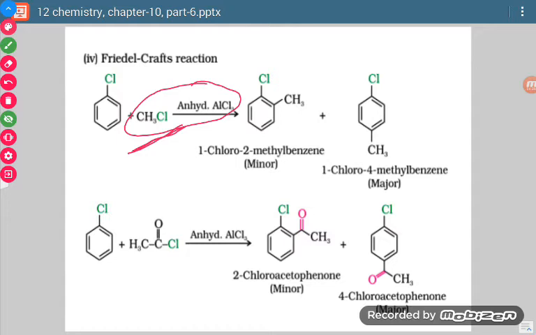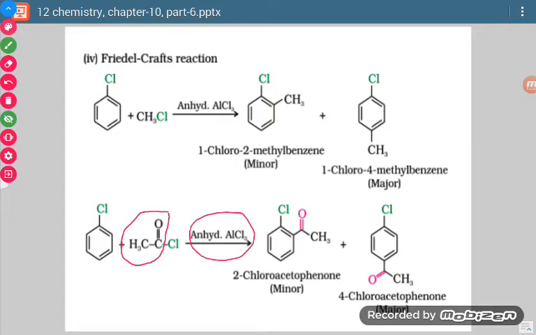Similarly, if we have to add an acyl group, it will be termed Friedel-Crafts acylation. The acyl group in general is RCO. Here, if we want to add the RCO group, we have to take an acid chloride in the presence of anhydrous AlCl3.